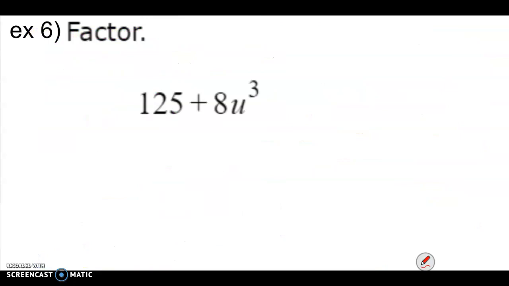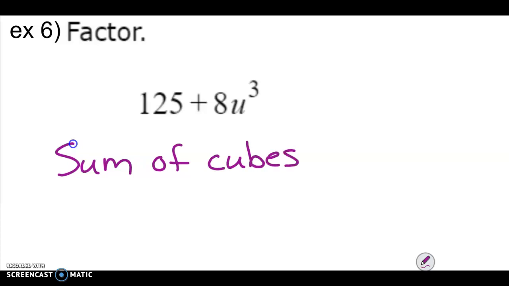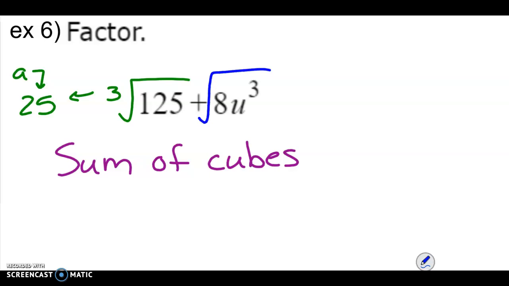Okay? And then the last one here, we have a sum of cubes, we'll call it. So this is where you've got 125, which the cube root of 125 is going to be 25. So that would be your a value. And the cube root of 8u cubed is going to be 2u, which is your b value.